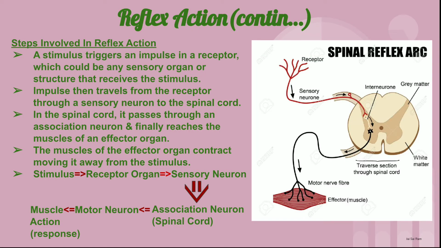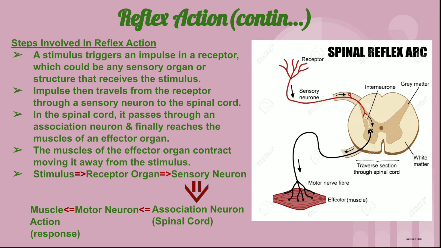Next, what are the steps involved in this? A stimulus triggers an impulse in a receptor, which could be any sense organ or structure that receives the stimulus. The impulse then travels from the receptor through a sensory neuron to the spinal cord.